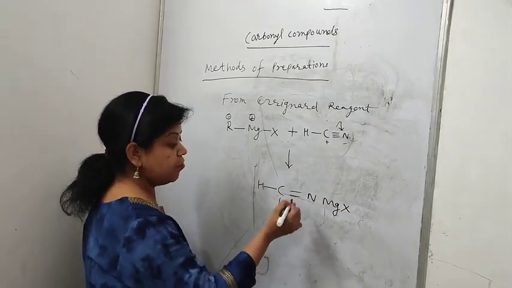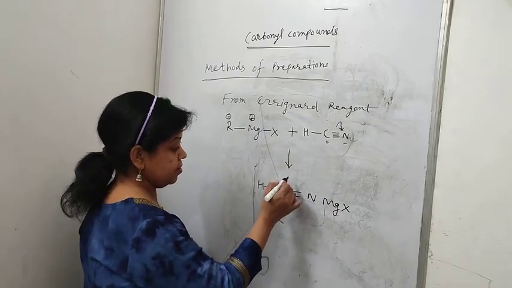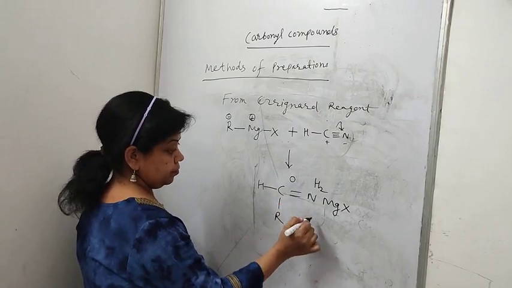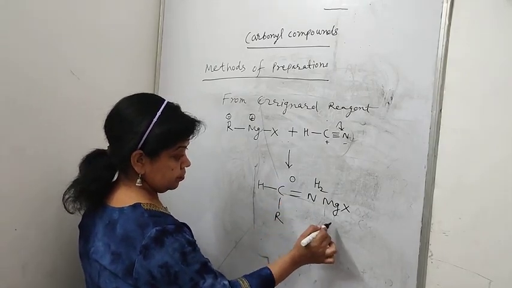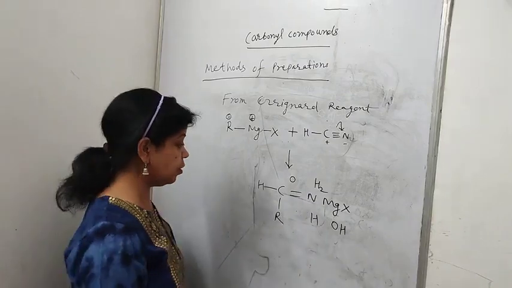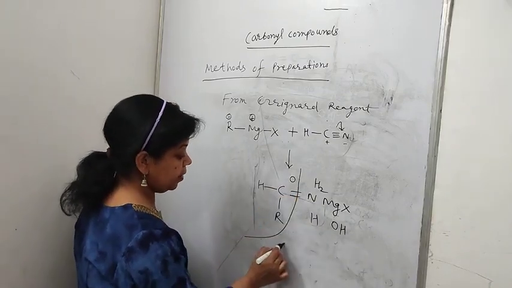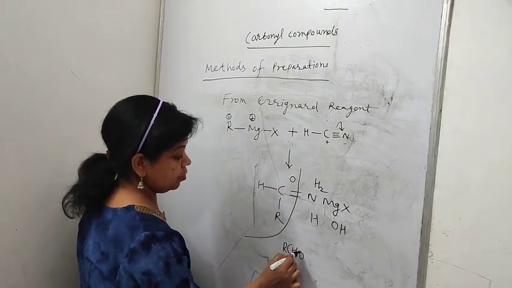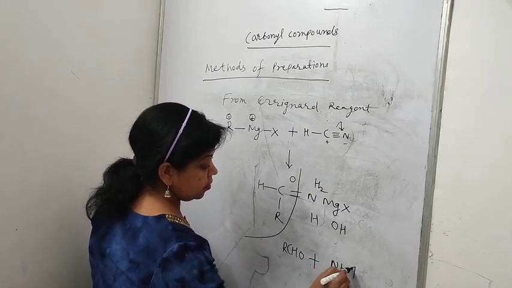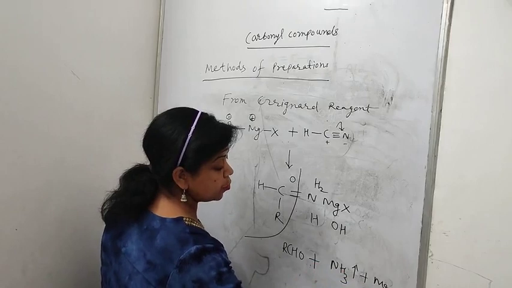Now you have to perform the hydrolysis on it. We have taken 2 molecules of water and you will be able to get RCHO plus ammonia plus MgOH.